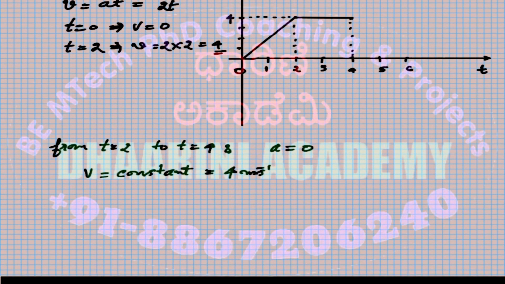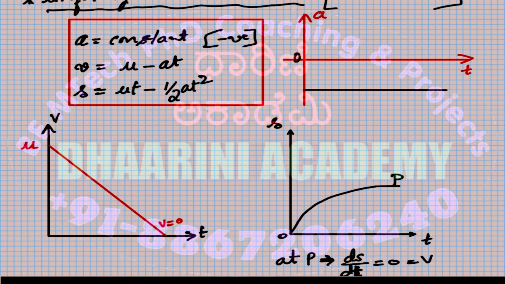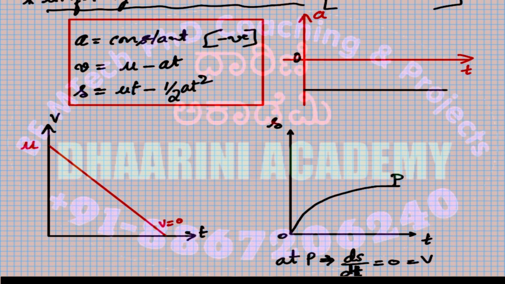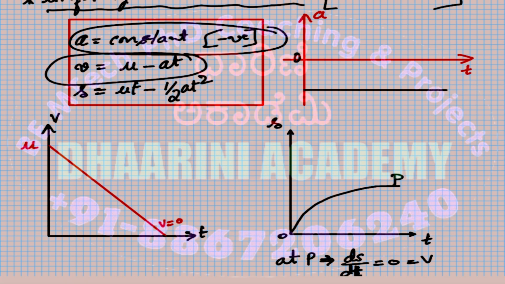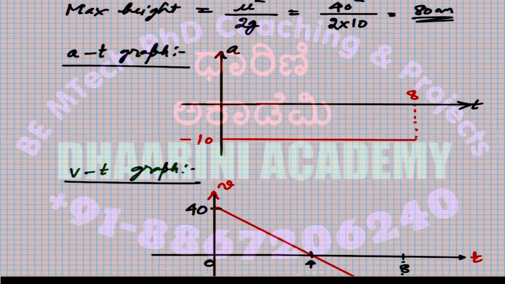Now you see this falls under another, completely different condition. It is a retarded motion. Acceleration is negative and velocity becomes this equation: velocity is u minus at.